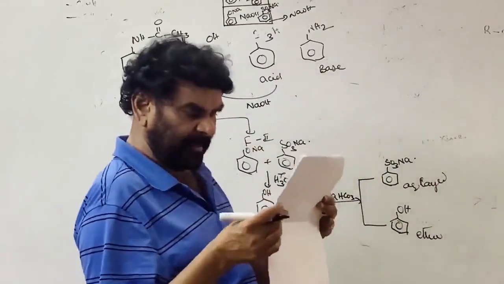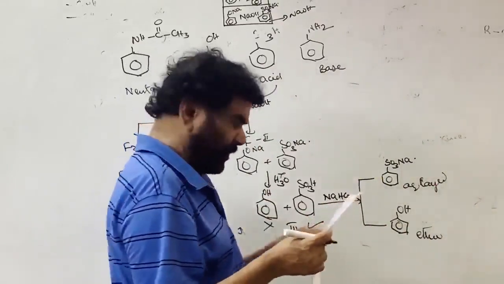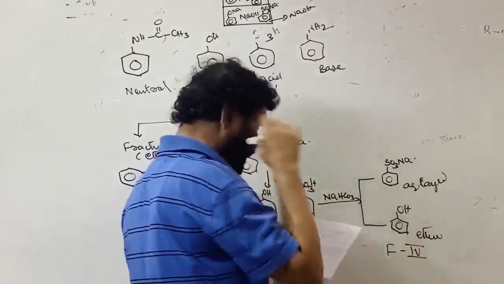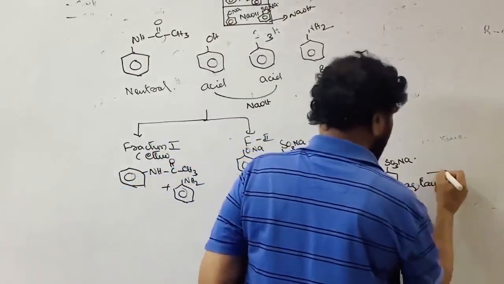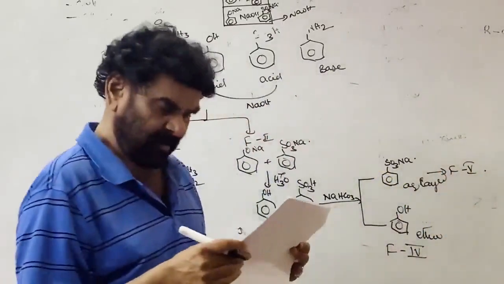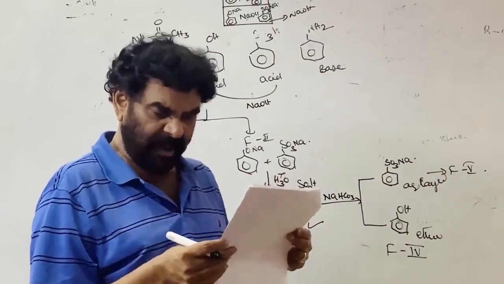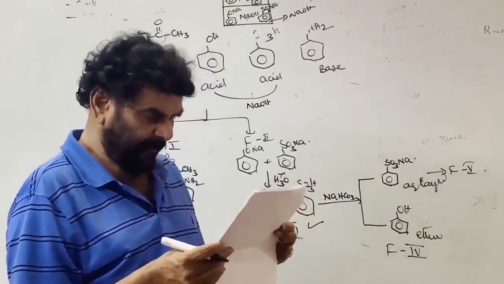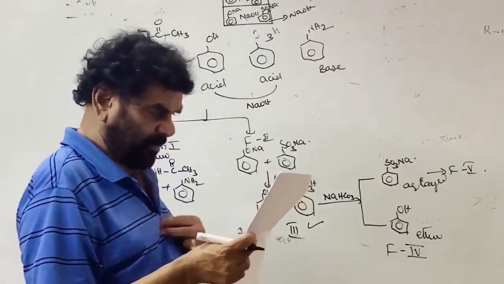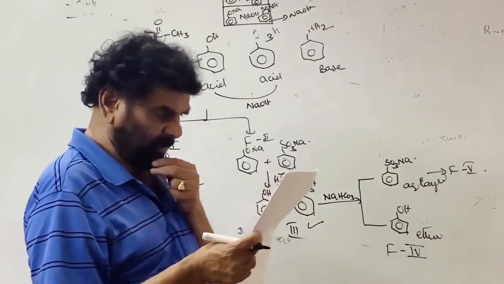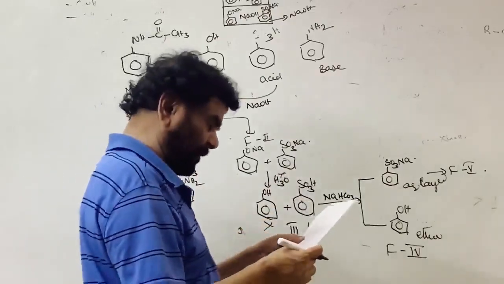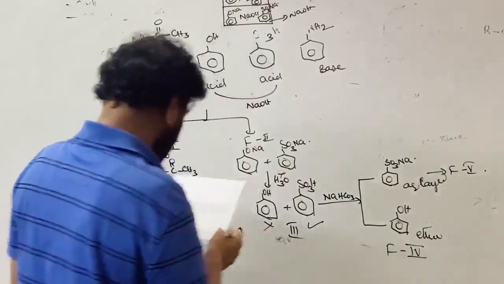The ether layer is fraction 4, and the aqueous layer is fraction 5.